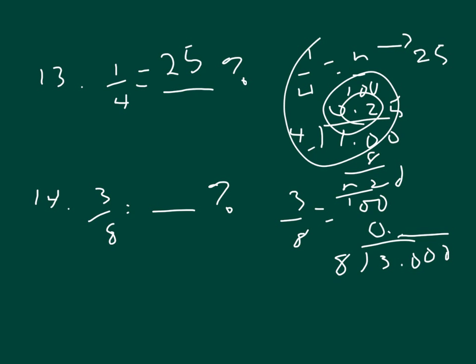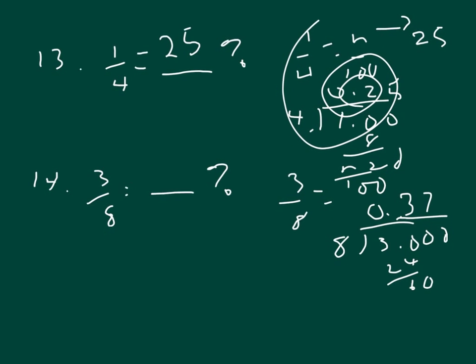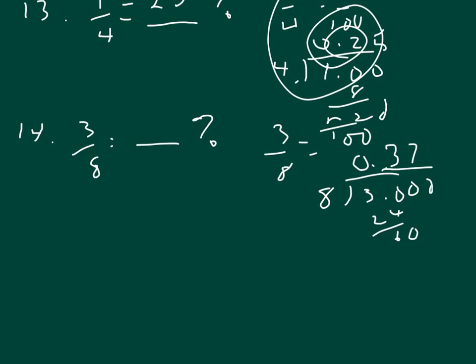8 goes into 3 0 times, 8 goes into 30 3 times, remainder 6. 8 goes into 60 7 times. I'm going to get 56, remainder 4.